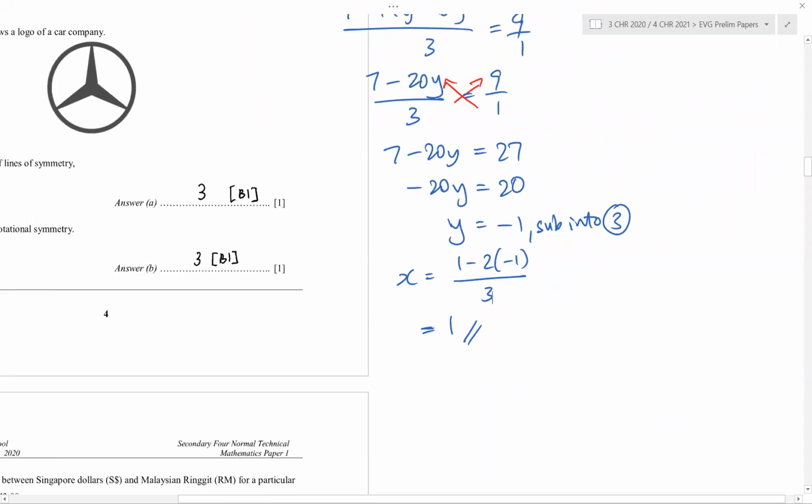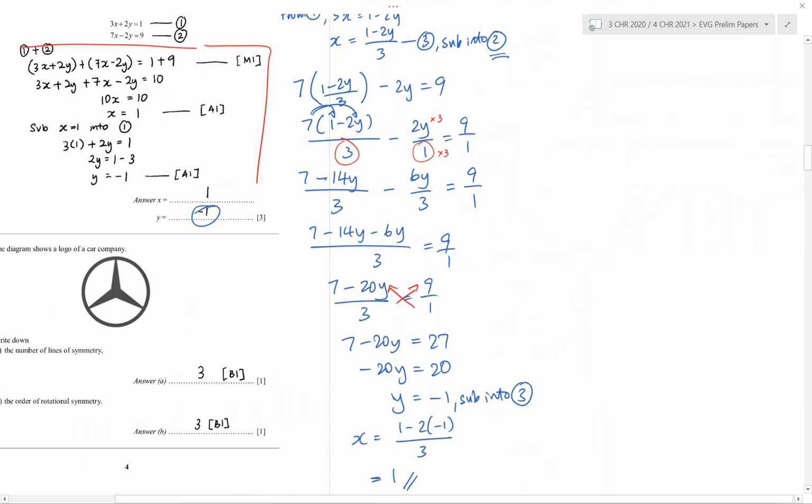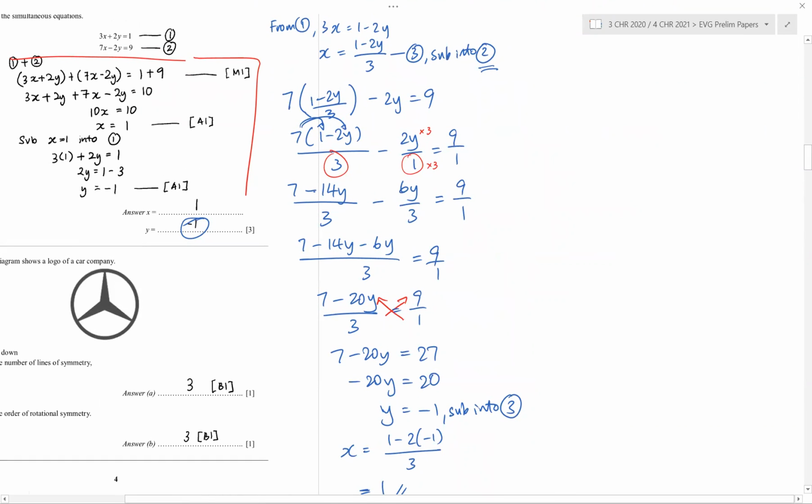So this is our substitution in blue color. Why not 1 minus 9? Okay, L3, I'll answer your question in a while.